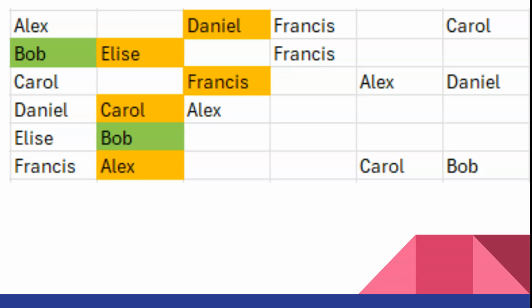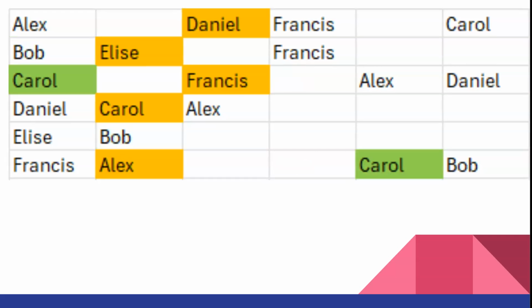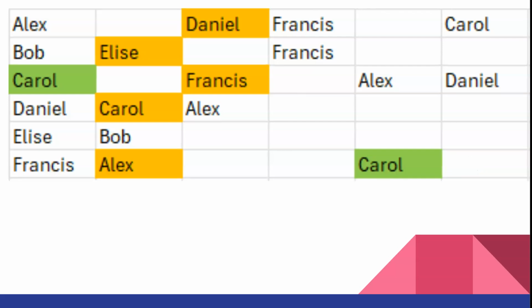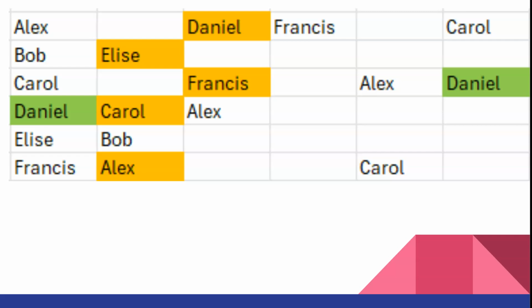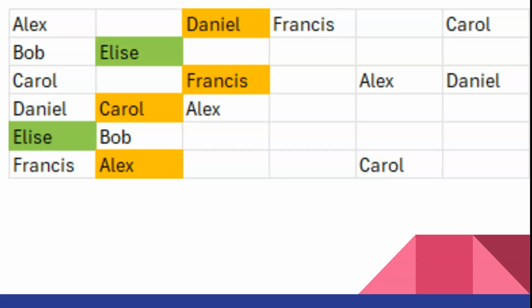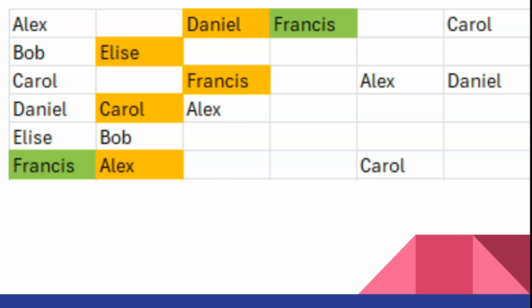That's why we're removing Elise from all three of these lists. Then we do the same thing for Carol. We remove Bob since he's below Carol, and Francis's list. And then we remove Francis from Bob's list. For Daniel, there's no one ranked below Daniel on Carol's list, so we move on. Same for Elise, no one below Elise on Bob's list, so we move on.